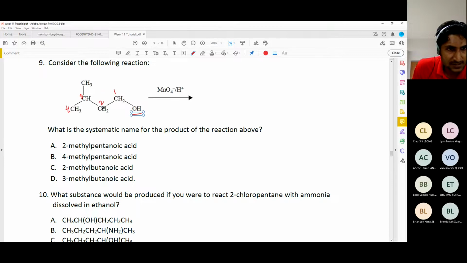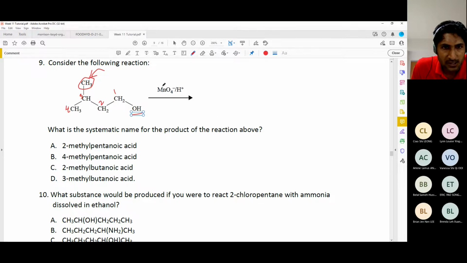So it is 3-methyl. The methyl group is substituted here on this compound. The main root is methane, ethane, propane, butane. Butane-1-ol, or butanol. 3-methyl butanol.